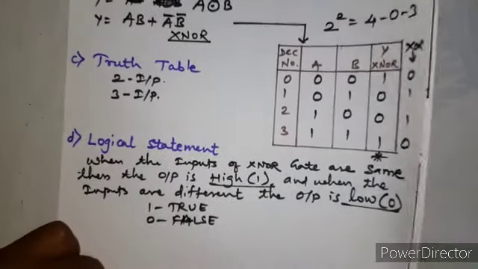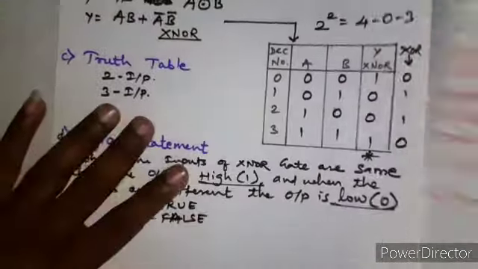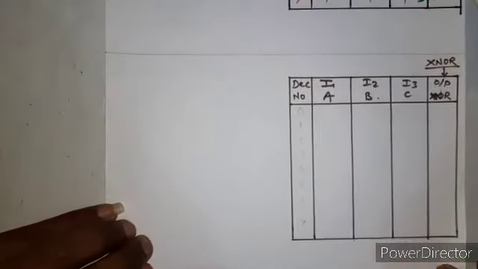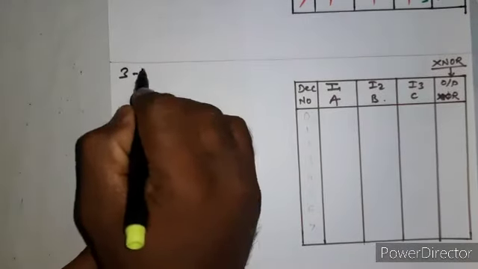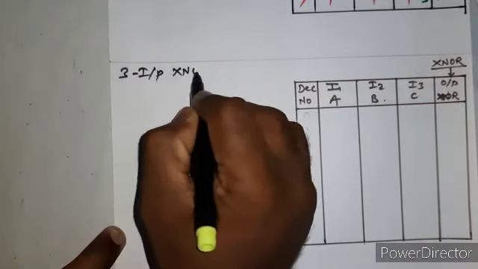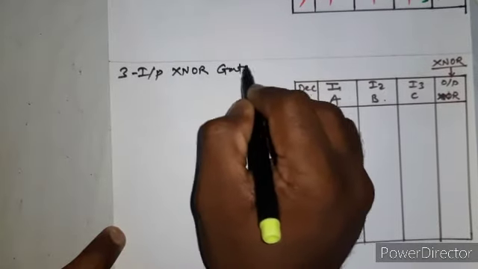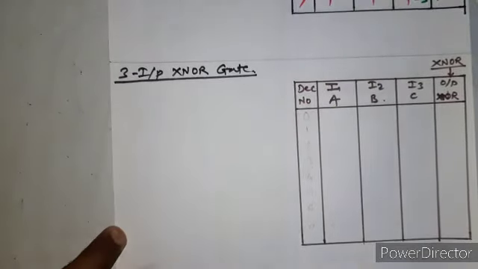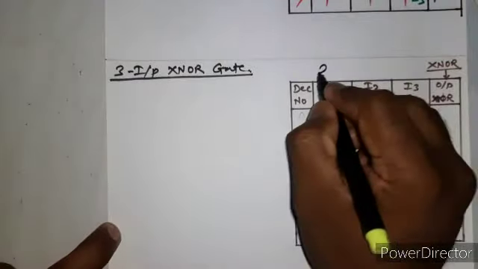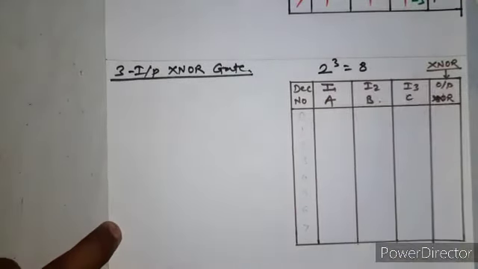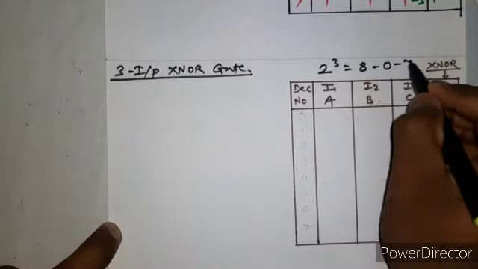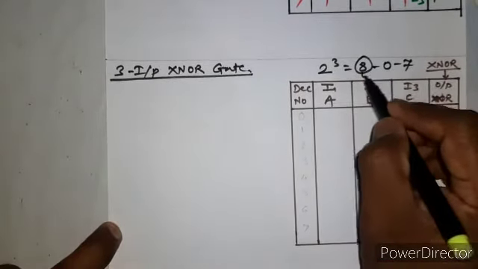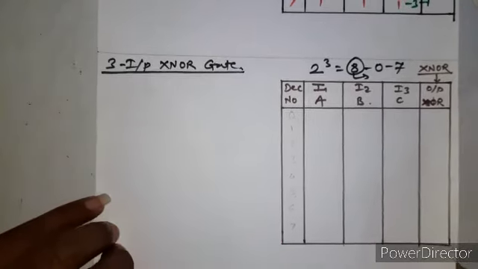Right? So we can again go for the 3 input XNOR gate. So I can write down here 3 input XNOR gate. For 3 inputs, 2 raised to 3 is 8. We have 8 different combinations starting from 0 to 7, and these are represented by 3 bits.